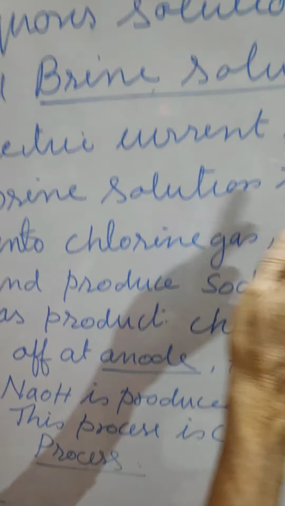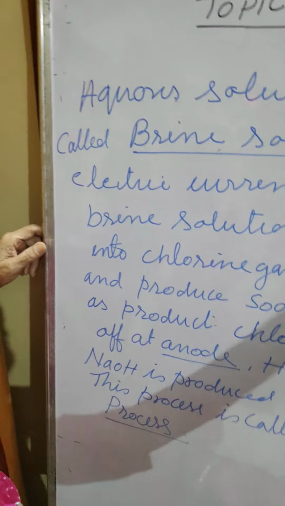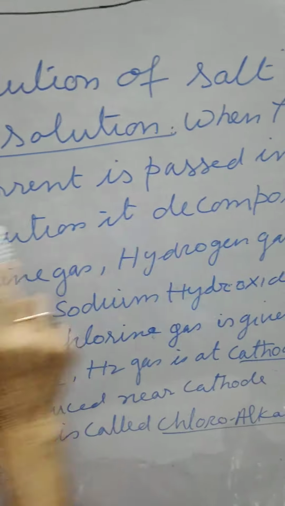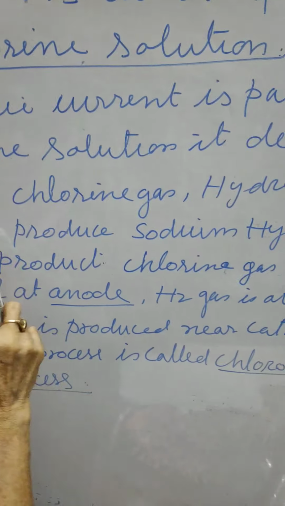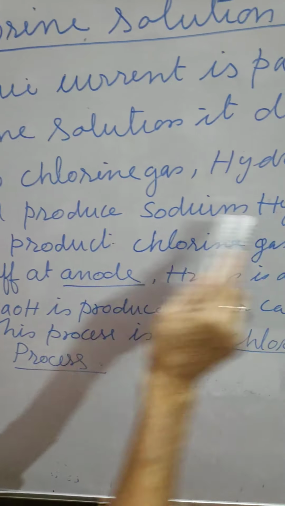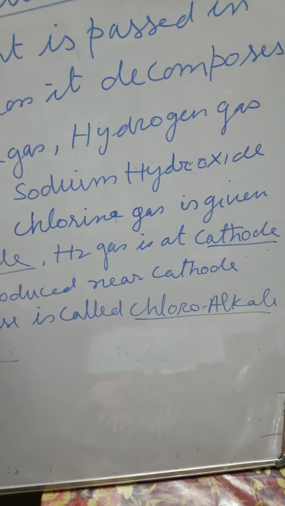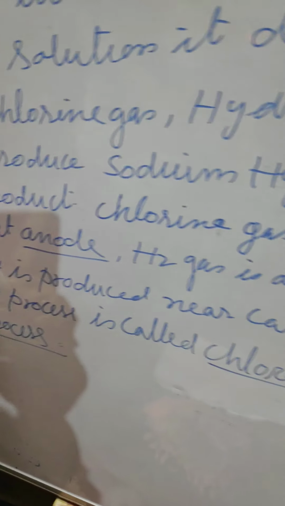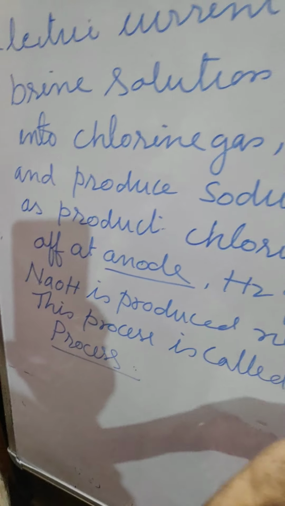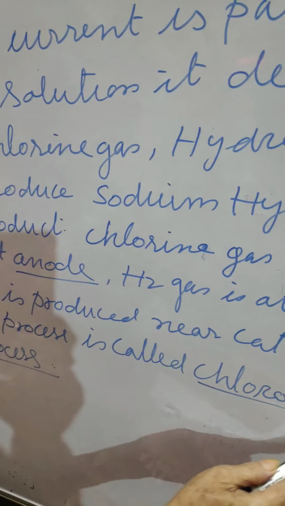Now I am starting from the first: when the electric current passes in brine solution, it decomposes into chlorine gas, hydrogen gas, and produces sodium hydroxide as a product. The chlorine gas is given off at the anode, the hydrogen gas is at the cathode, and the sodium hydroxide is produced near the cathode, and this process is called the chloro-alkali process.